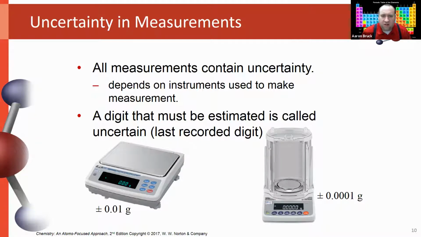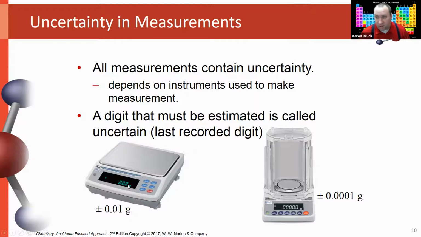The uncertain digit is one of estimation. And so the last recorded digit on any measurement is your uncertain digit. It is estimated. Now, in electronic balances, that means the last value that the balance gives you.